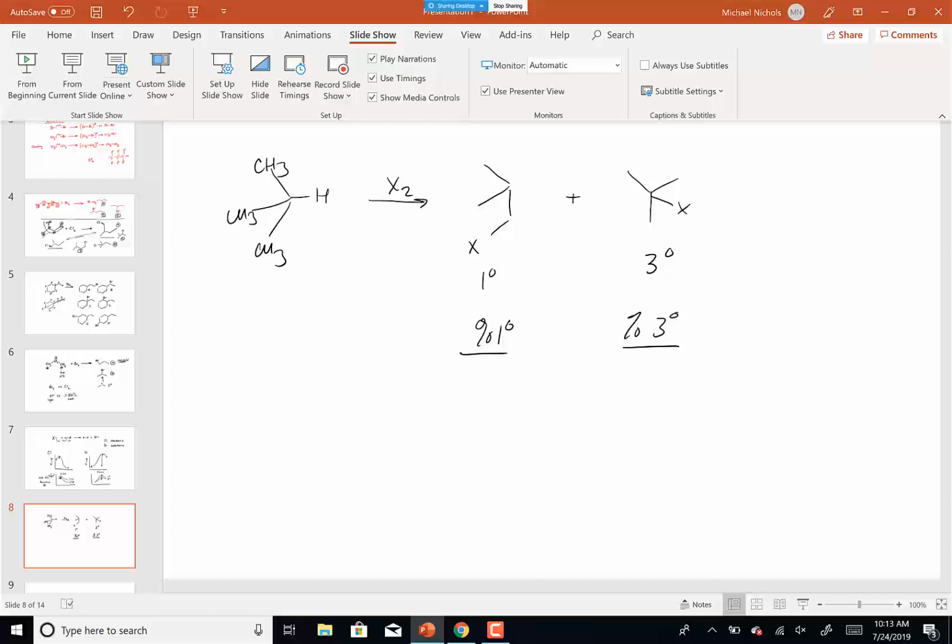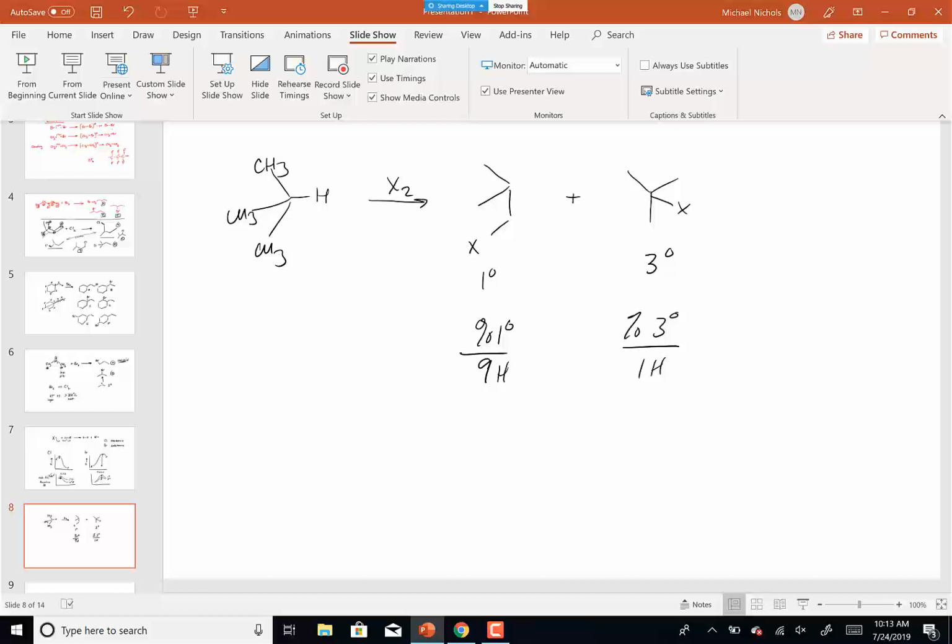Just 1. So what I have to do is divide that percentage by 9 hydrogens and divide this percentage by 1 hydrogen. Because I've got to do what's called normalizing for the number of hydrogens. I've got to take the statistics out of this equation.